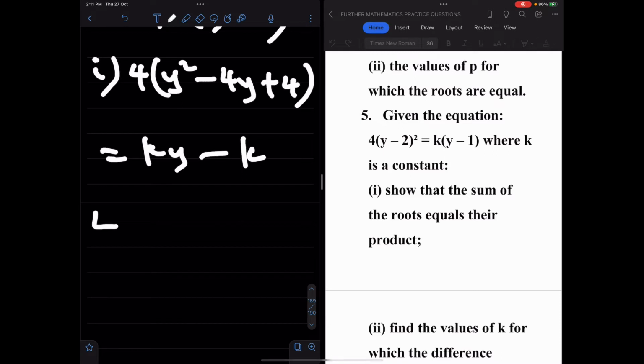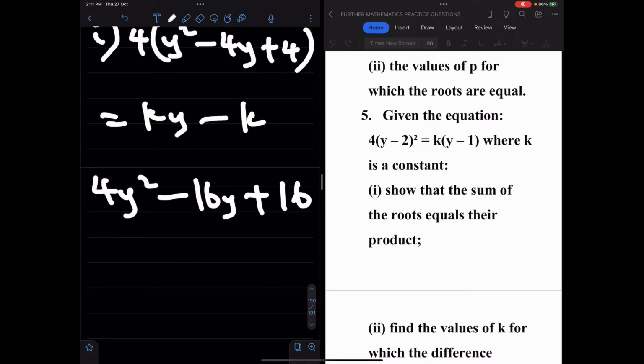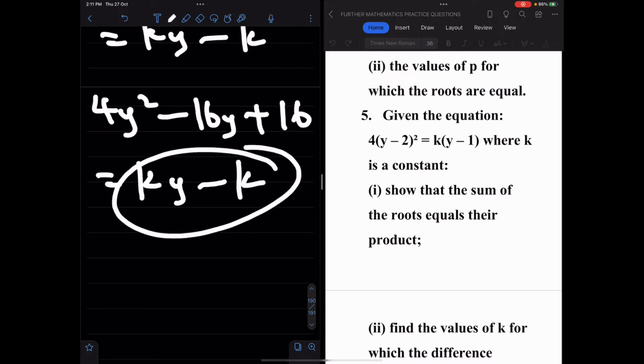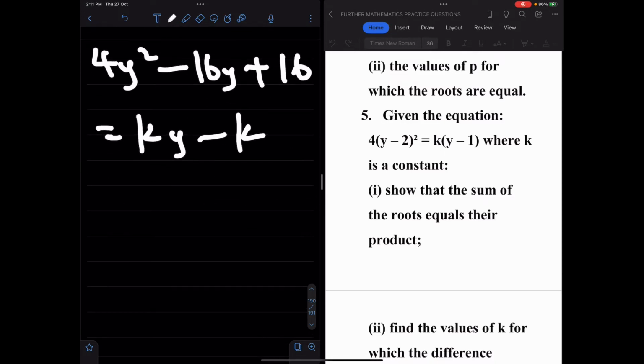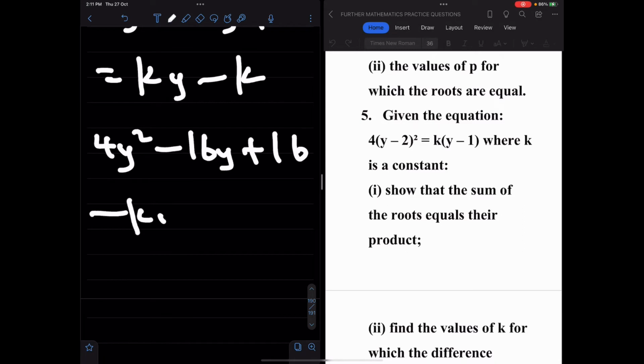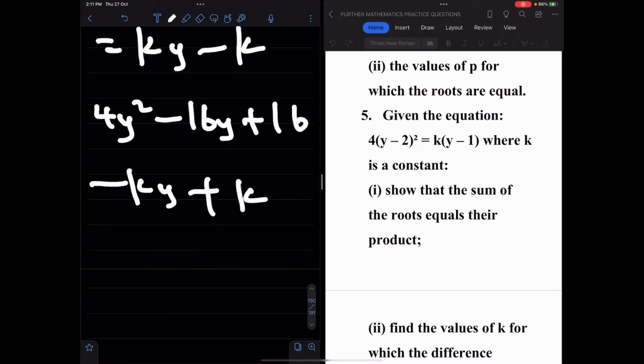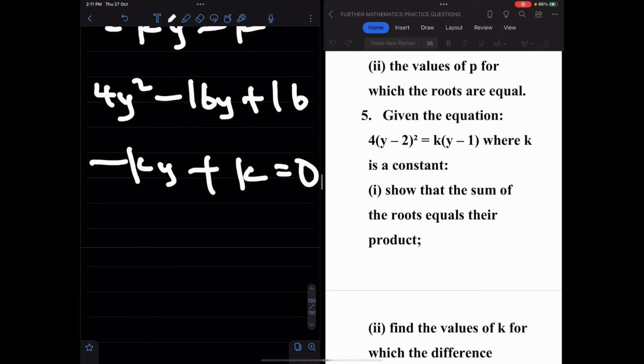And if I open the bracket, I'm going to get 4y squared minus 16y plus 16 equals ky minus k. Now moving the whole of this to the left hand side, I'm going to get 4y squared minus 16y plus 16 minus ky plus k equals 0.